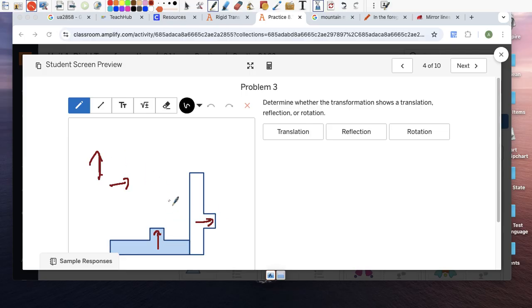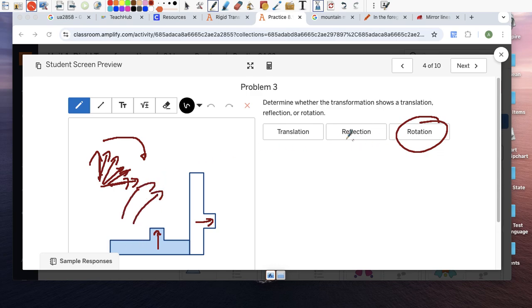How did the arrow go from there to there? Well, it rotated, right? It started rotating until it got to its second position. So this is definitely a rotation. This figure rotated that way, and if you want to be more specific, you can say rotated clockwise.